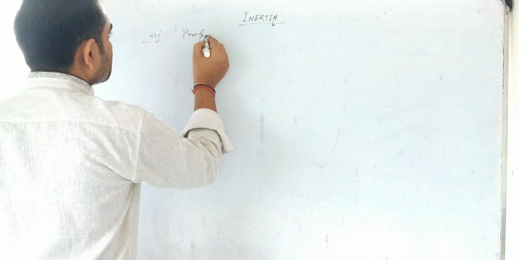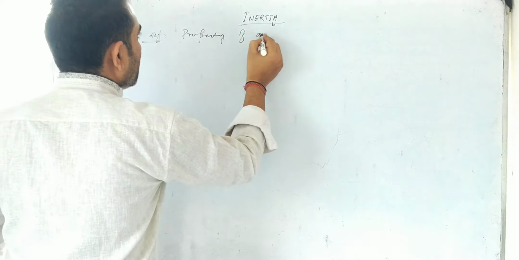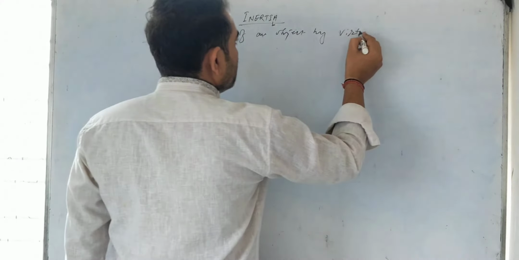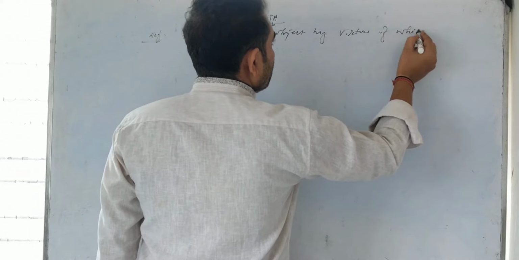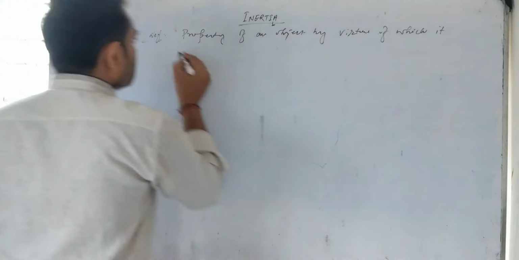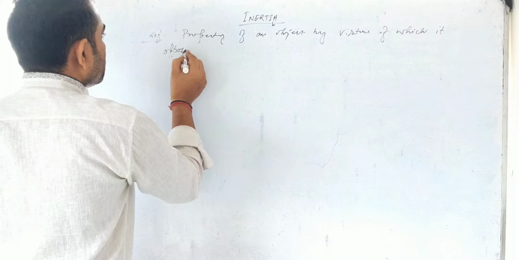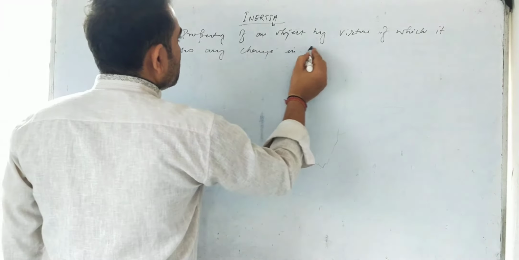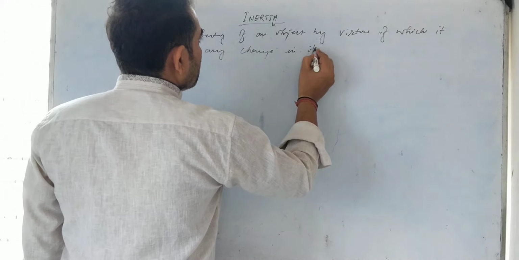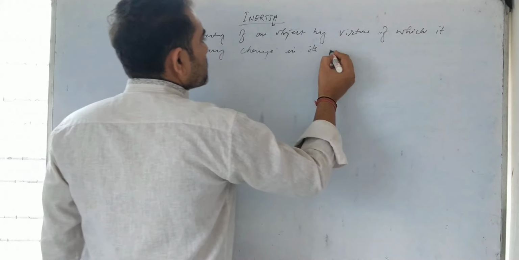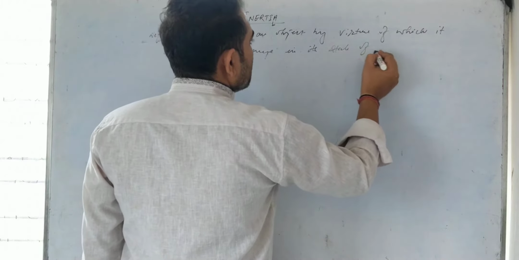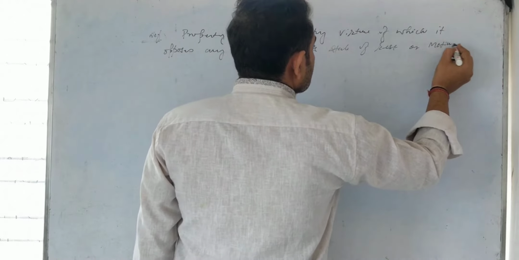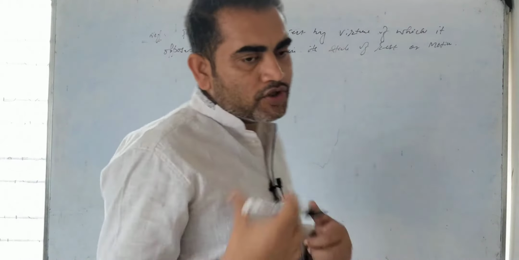Property of an object by virtue of which it opposes any change in its state of rest or motion. So that is the definition of inertia.